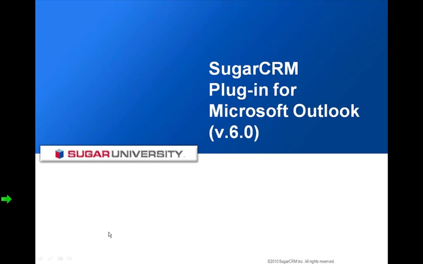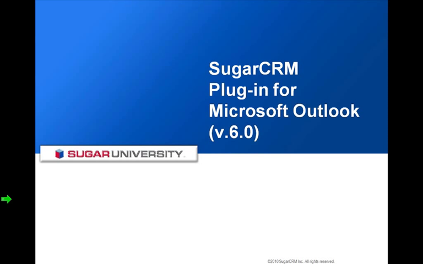Okay, so that's all that we have for today's session on the Sugar CRM plugin for Microsoft Outlook. We do have another class that is a little more advanced than this one. This is just an introduction. You can go to SugarCRM.com and go to the Sugar University page, and it will allow you to find a little bit more in-depth class on the Microsoft plugin for Outlook.